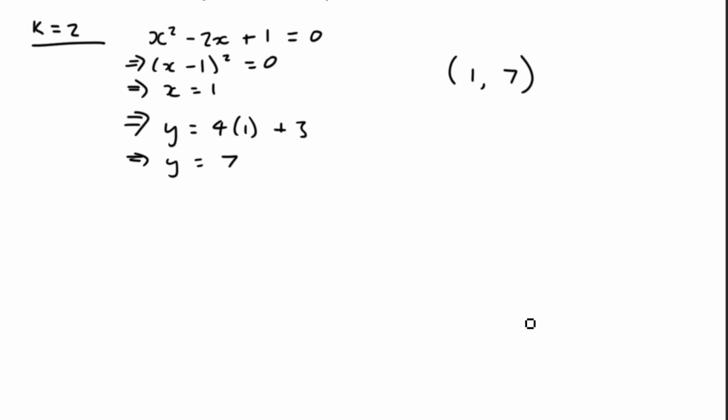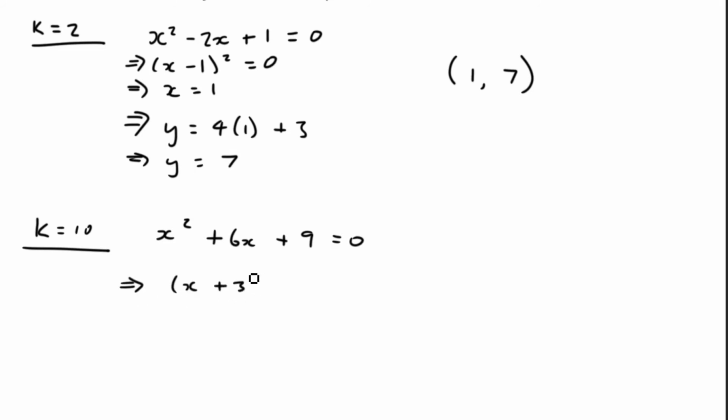In the case where k is 10, we can again go back to the quadratic we know and say that we'll have x squared plus 6x plus 9 is 0, which once again we can immediately factorize into a form x plus a number squared is 0, in this case x plus 3 squared, so x is negative 3.